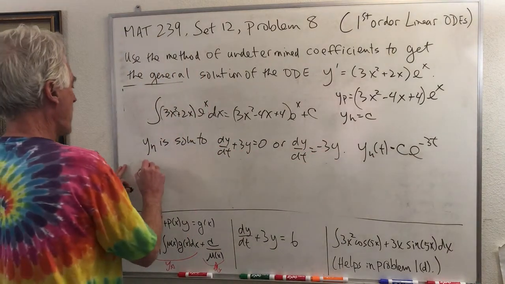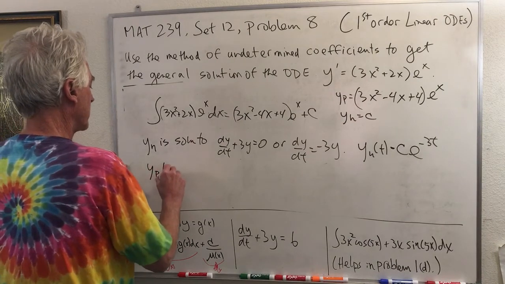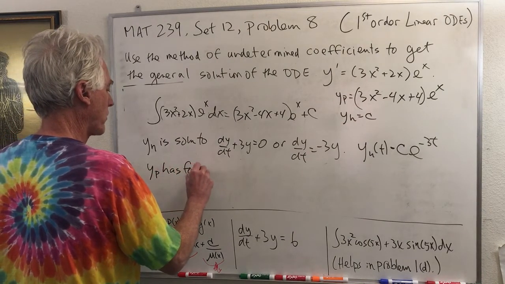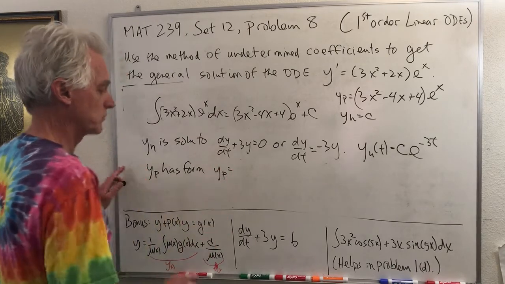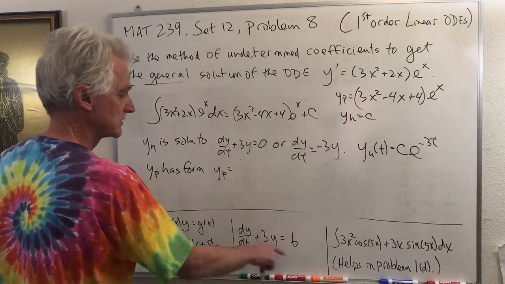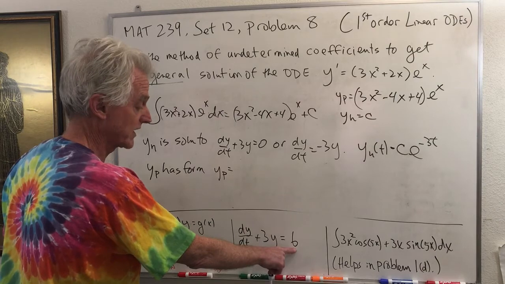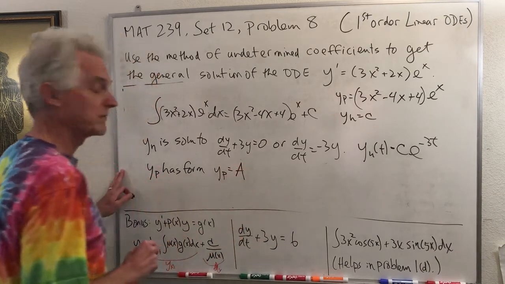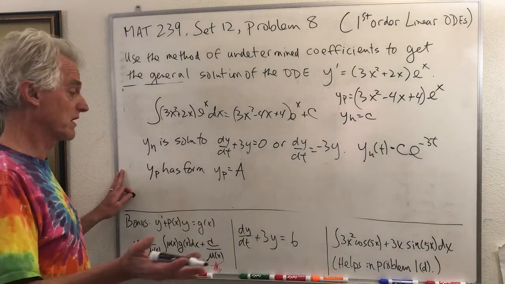What about yp? yp has the form, well, what's the right-hand side? A constant, 6 is the right-hand side, so the form is yp is a, with a the undetermined coefficient.